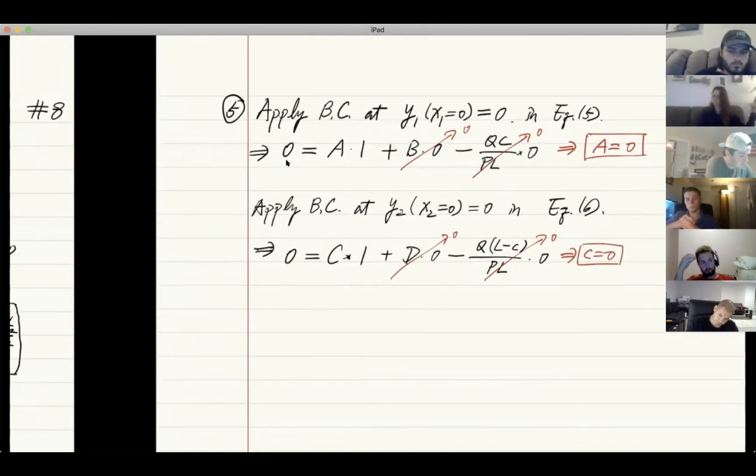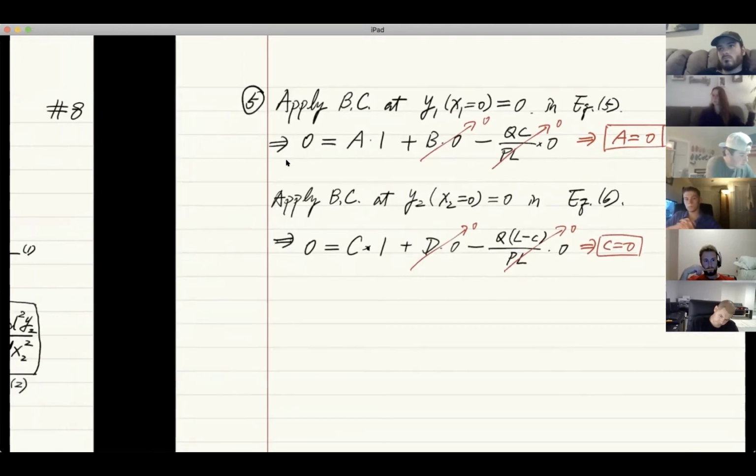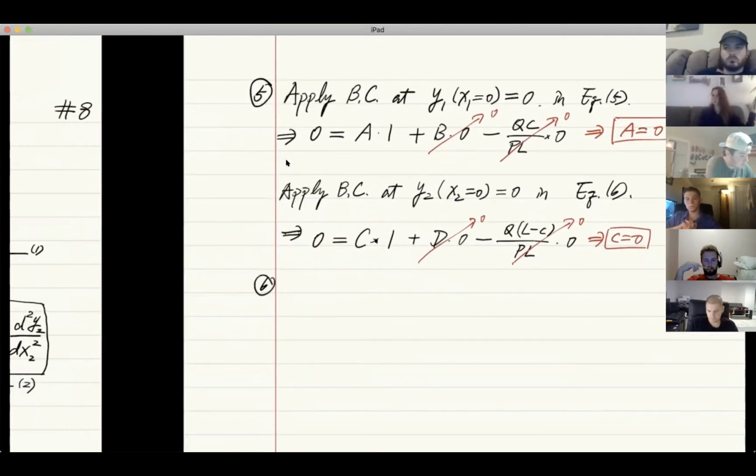Now, in step 6, we know that when x1 equals L minus C, the deflection at x1 must be equal to the deflection at x2 when it's calculated from the opposite side.